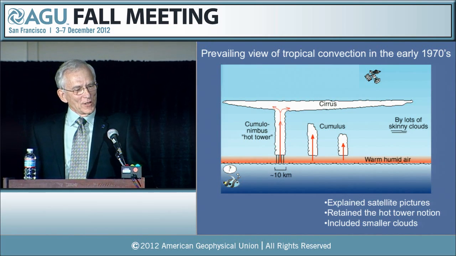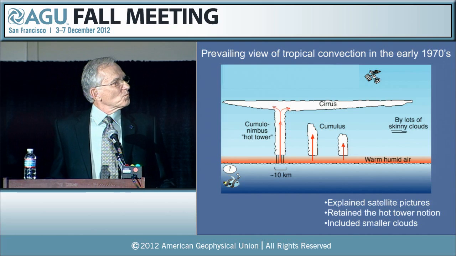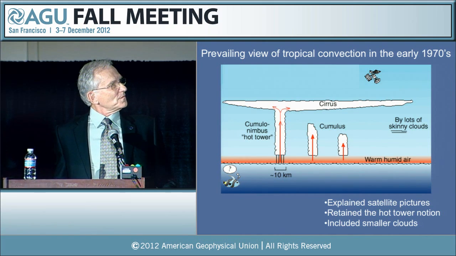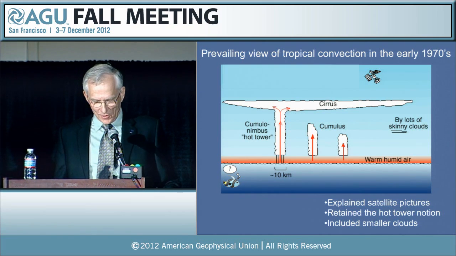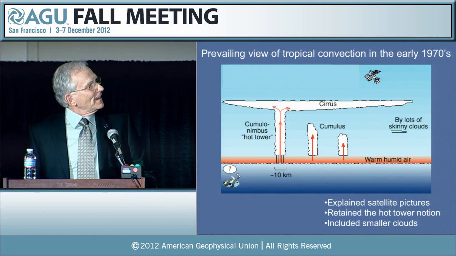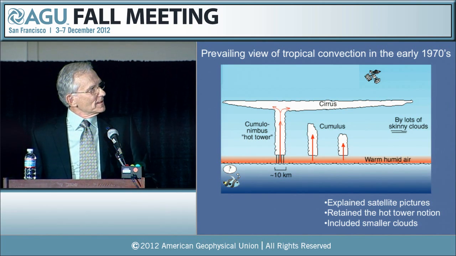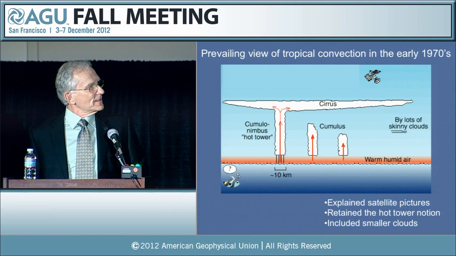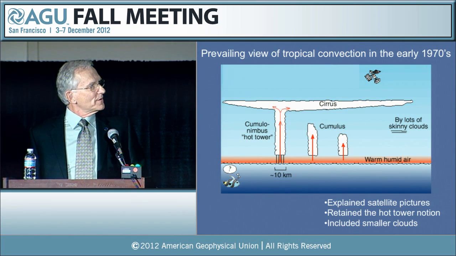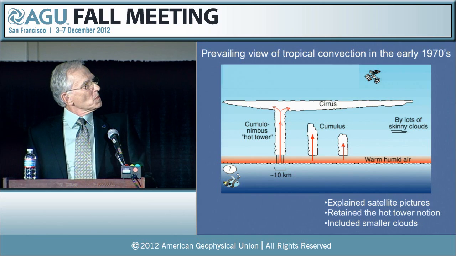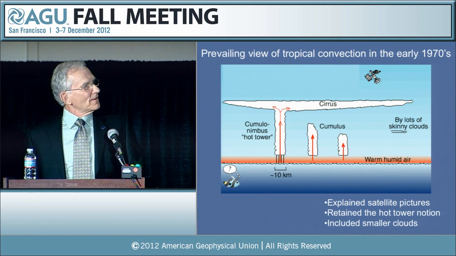But nevertheless, the project went on with a neat little package of ideas that sort of took care of everything. You'll notice in this picture there's a thin canopy of cirrus cloud emanating from the top of the hot tower, and that was the way they got around this in the planning.